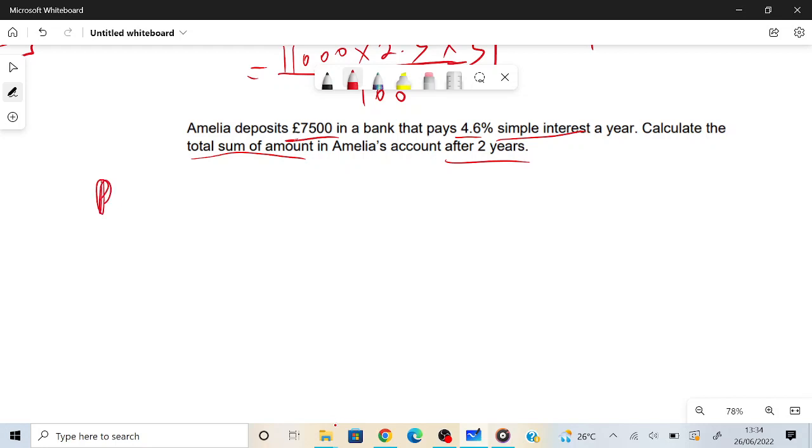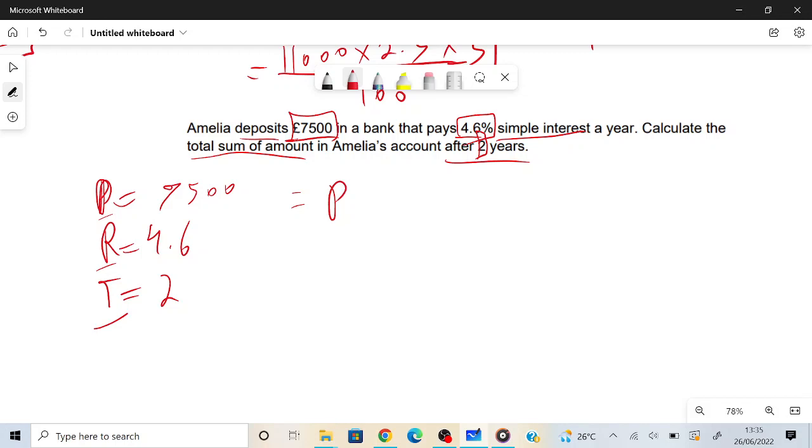We need a P, we need an R, we need a T. Our T is 2 years, R is 4.6%, and P, amount invested or deposited, it's the same meaning, that's 7,500. Now again, using our formula, we know this is P times R times T all over 100.